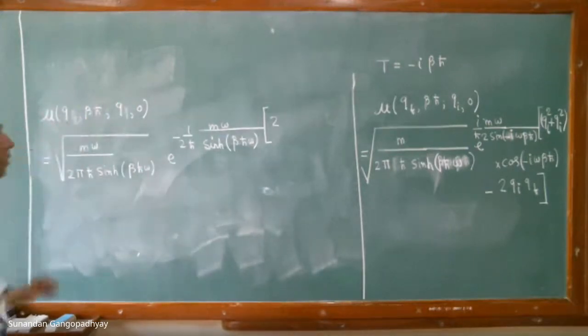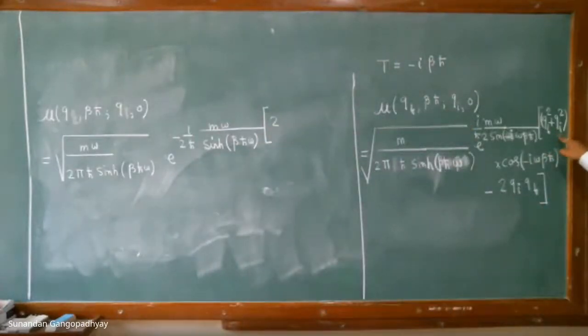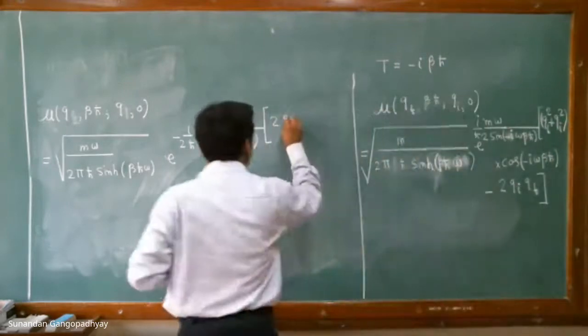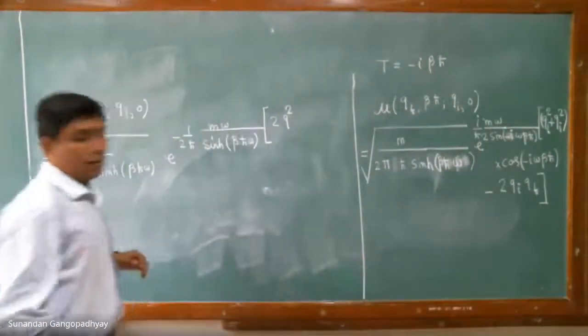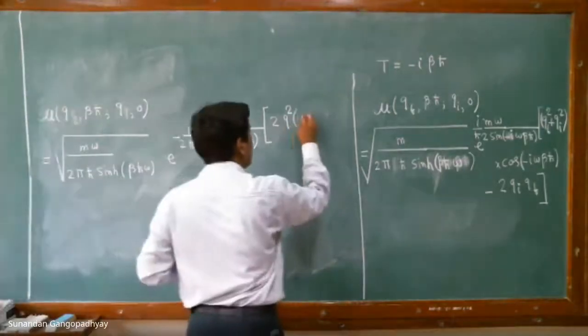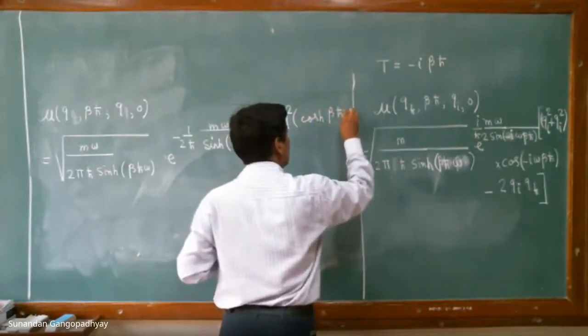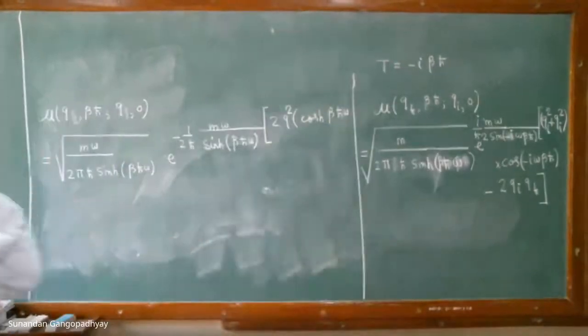So if you have qf equal to qi equal to q, this will contribute a factor of 2q square. Then that multiplied by cos hyperbolic of beta h bar omega, minus 1.